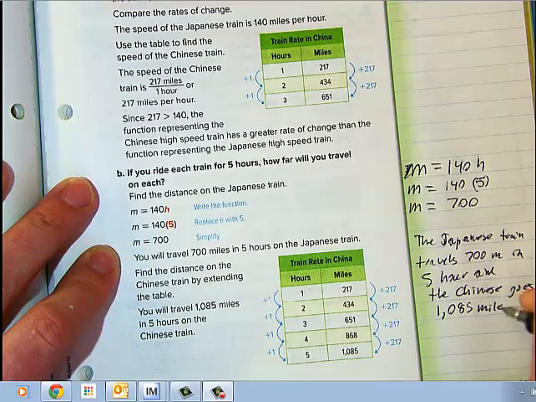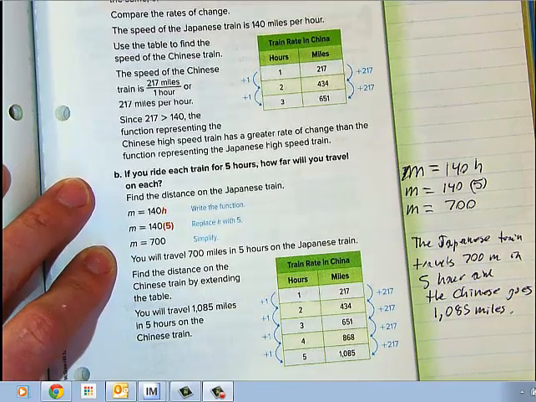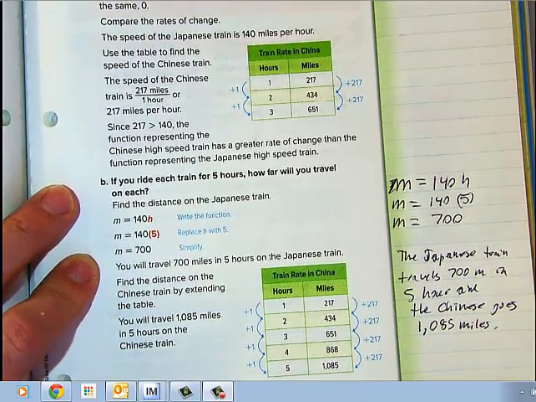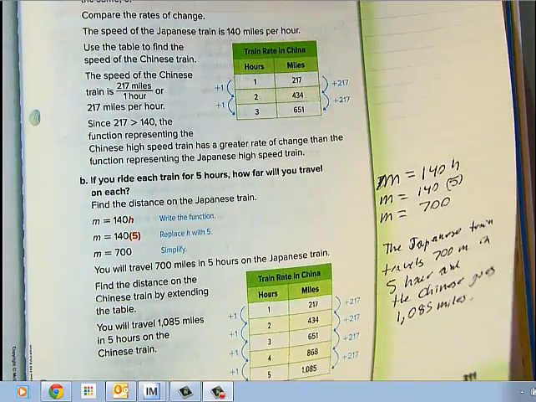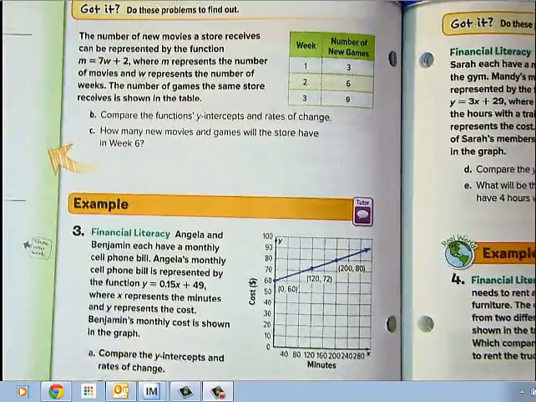Okay? Nice, neat sentence giving both numbers and showing a comparison. That's what we're looking for. Make sure you have that written out to the side. There's not too much work with this section, but there is a little bit of writing with your answers, so your answers are clear. Alrighty, next page.